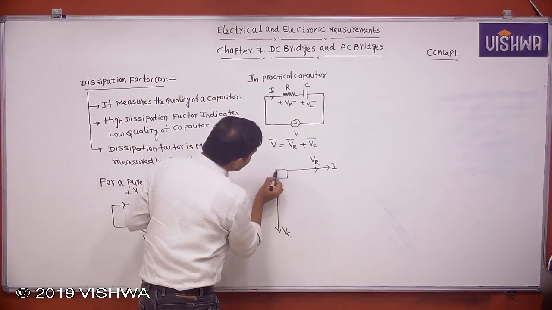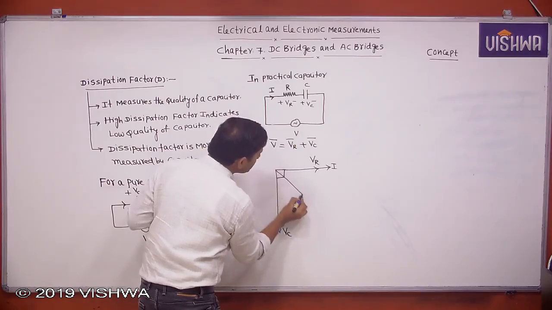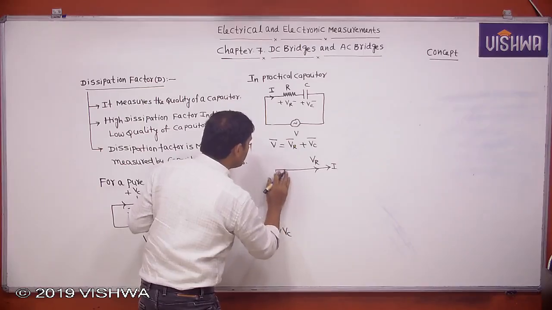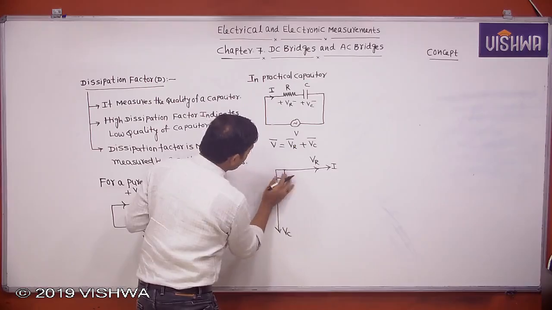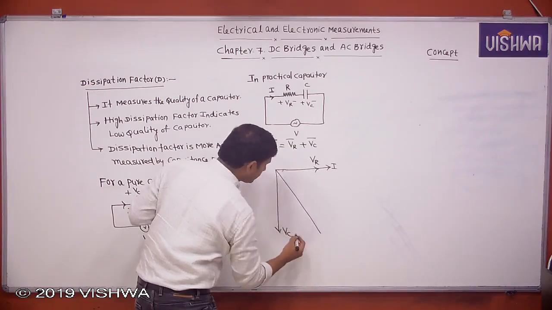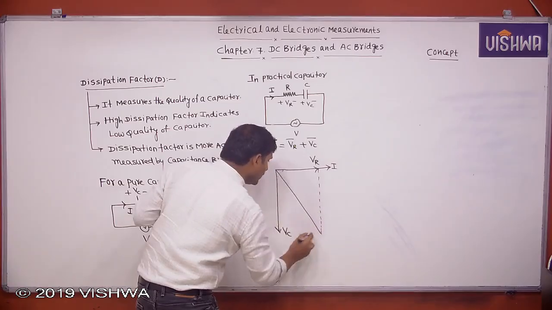Now this angle is 90 degrees. The resultant supply voltage is this one, the vector sum of VR and Vc.